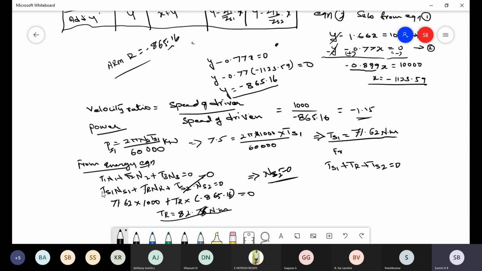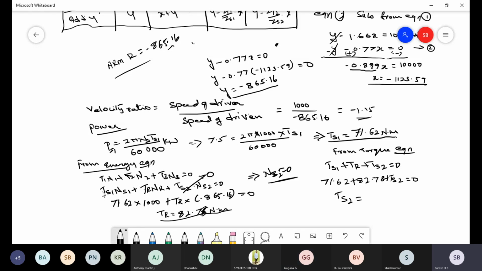From the torque equation, you can find TS2. TS1 value is 71.62 plus TR value is 82.78 plus the unknown TS2 equals 0. Then what is the value of TS2? Minus or plus? Minus, sir.